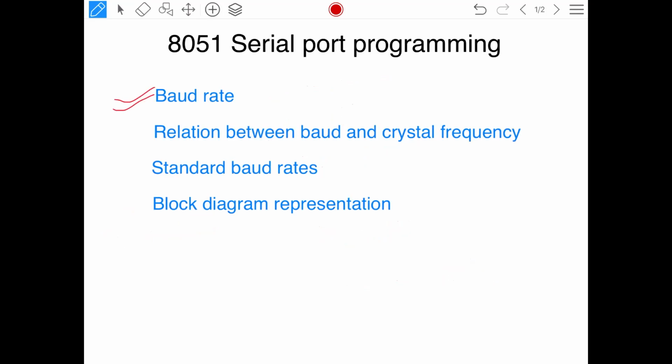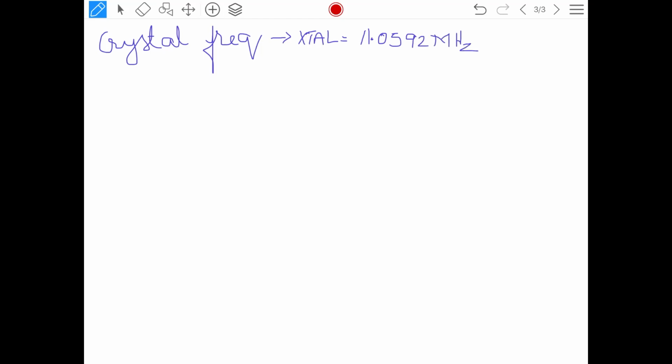Now let us see quickly what is the relationship between baud and the crystal frequency. We know in 8051 the crystal frequency is 11.0592 megahertz. The crystal frequency we represent as XTAL. So the crystal frequency is 11.0592 megahertz. This is for 8051. Now in the market we have different microcontrollers using different frequencies.